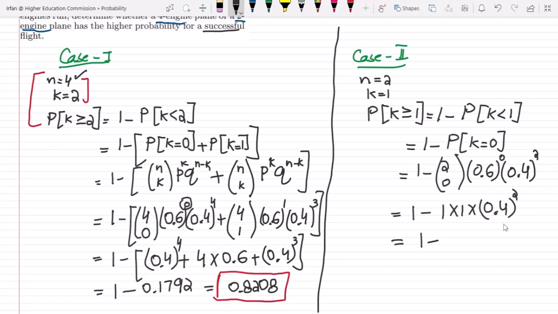It will be 1 minus 0.16, so the answer is 0.84.